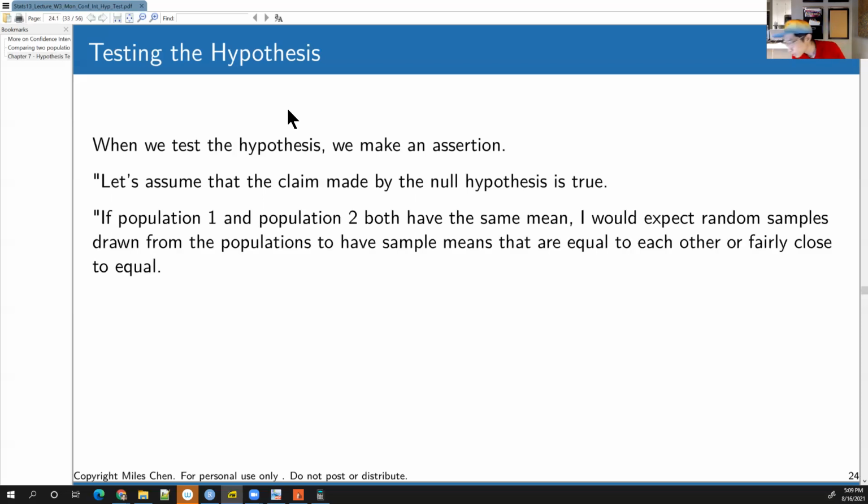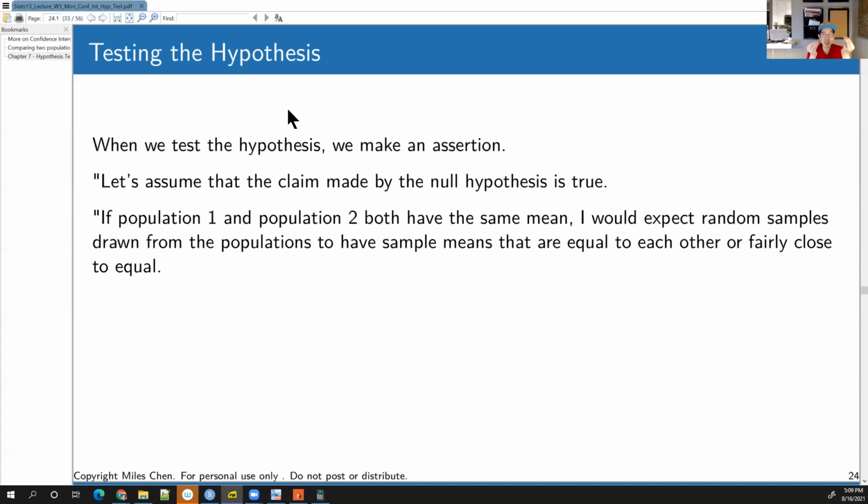So if population 1 and population 2 both have the same mean, when we take random samples drawn from the populations, your sample 1, which comes from population 1, and sample 2, which comes from population 2, should have sample means that are close to each other.